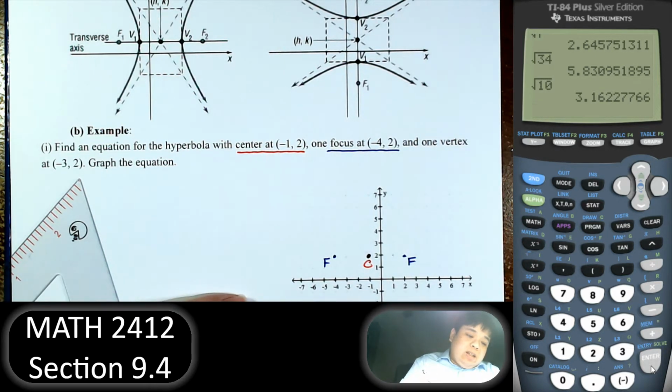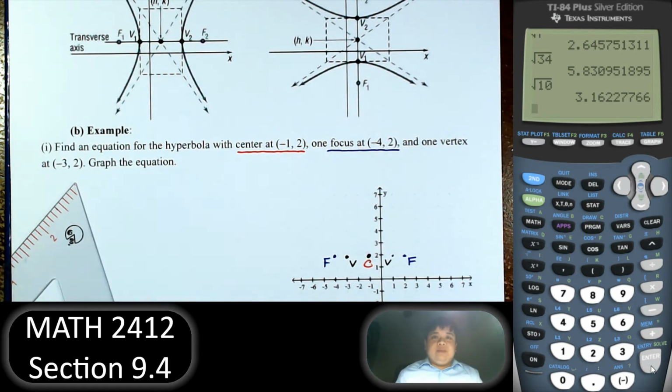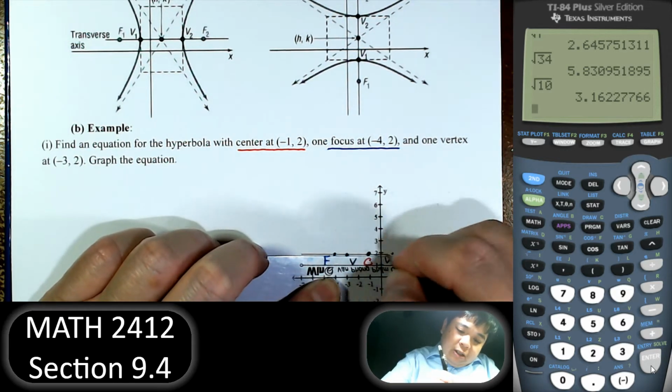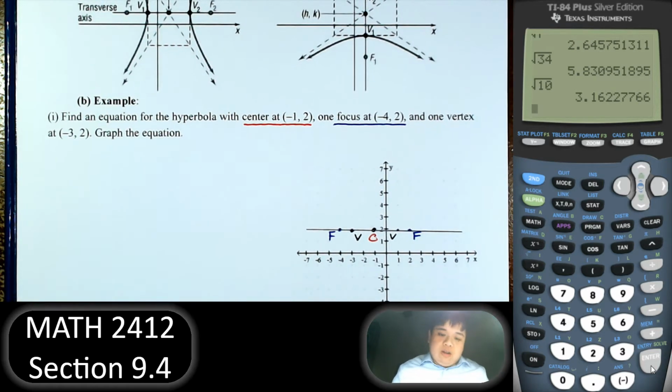And one vertex is at -3 and 2. The vertex -3 and 2. So if the vertex is here, there will be another vertex on the opposite side. And everything is aligned, so we will have the transverse axis horizontal.